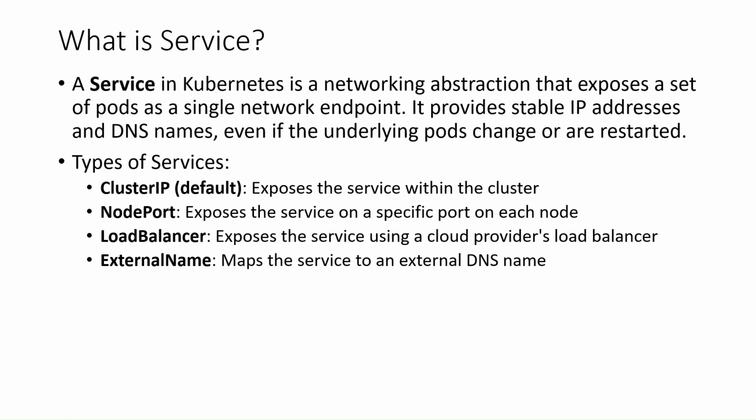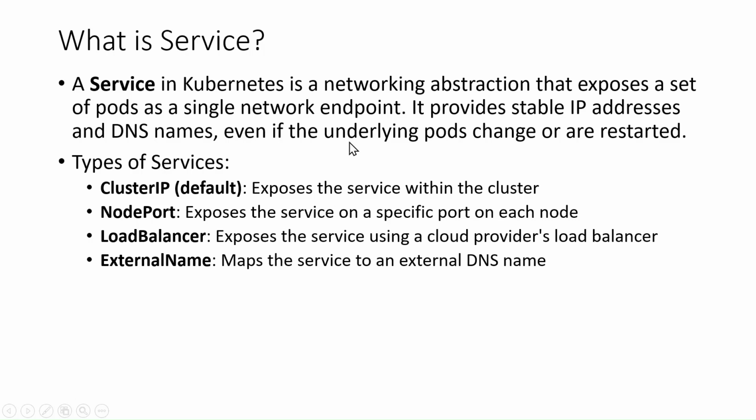So if you get that IP address, you can access the content deployed inside the pods. If you have replicas of three or four, it doesn't matter. If you have the service IP address on top of the deployment, you can access it. So it provides a stable IP address and DNS names.